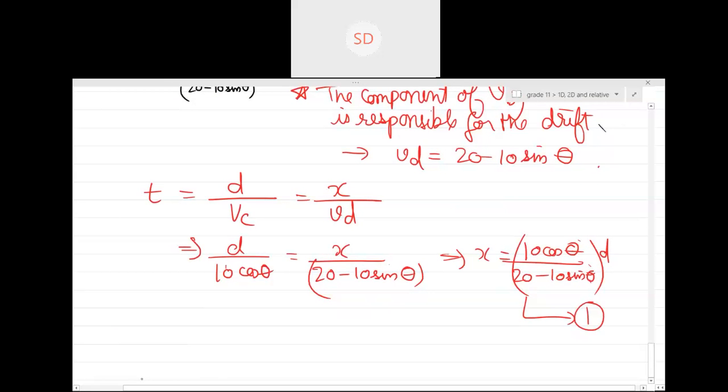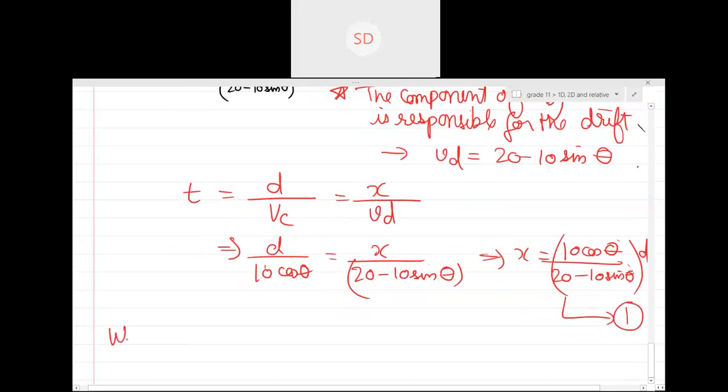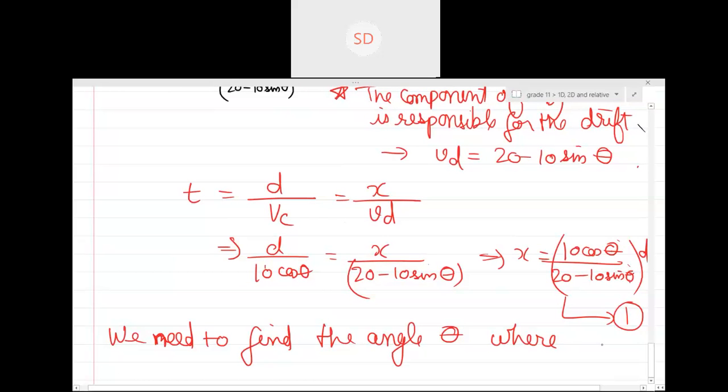Now basically what was the question? We needed to find the angle theta where the drift was minimum. What was the drift, by the way? So ये VD क्या है? Drift velocity.